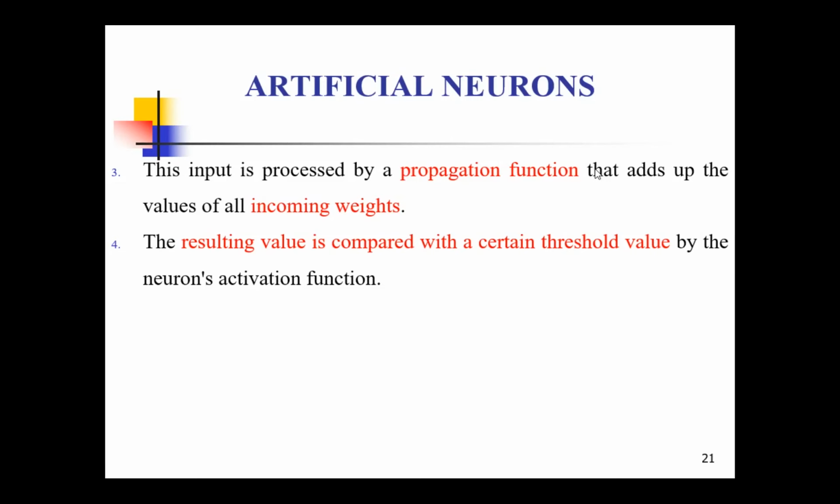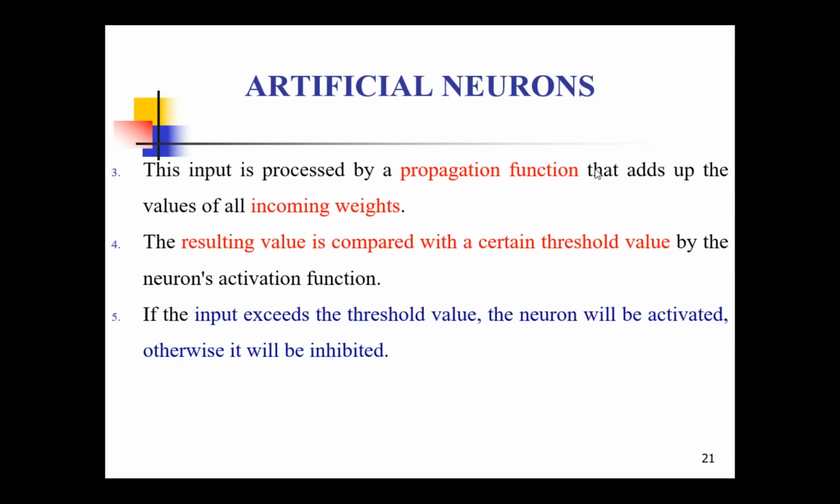Similarly, here the resulting value of this propagation function is compared with a certain threshold value based on the neuron's activation function that we have selected. If the input exceeds the threshold value, then it will be activated, otherwise it will be inhibited, similar to biological neurons.